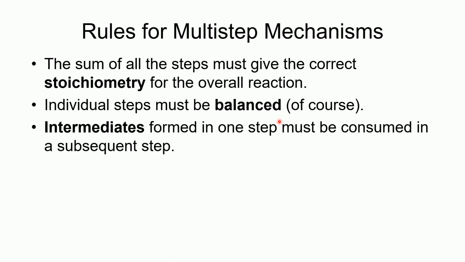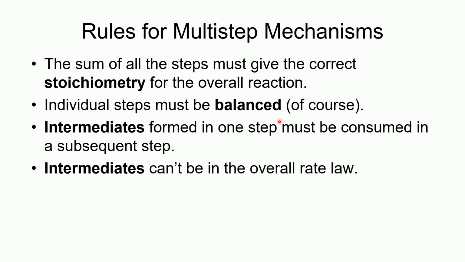Anytime we have an intermediate, if it's formed in one step, it must be consumed in some subsequent step. We can't have intermediates just showing up all over the place and not get used up. Otherwise, we would call them products. So we must account for intermediates and make sure that if one's created, then one is used up. Otherwise, it is not an intermediate.